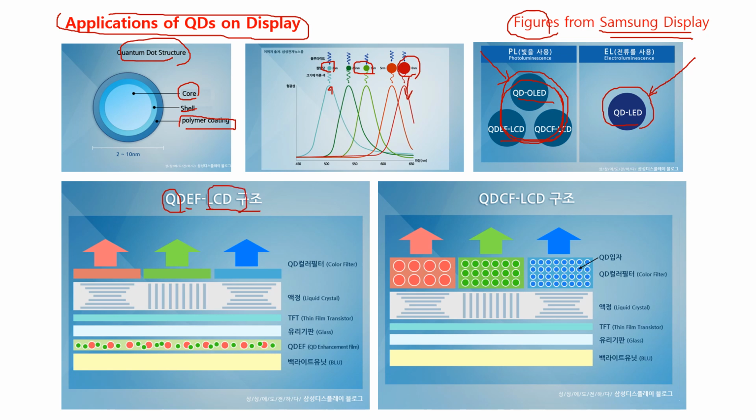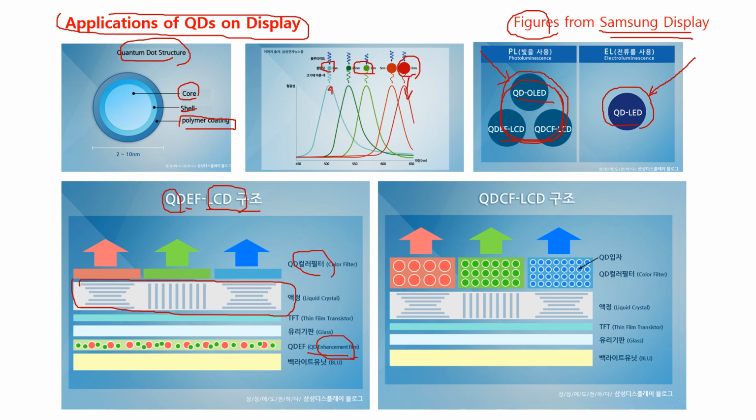So basically, this display is an LCD. So liquid crystal is used, and quantum dot is used for the quantum dot enhancement film, and also the quantum dot color filter.